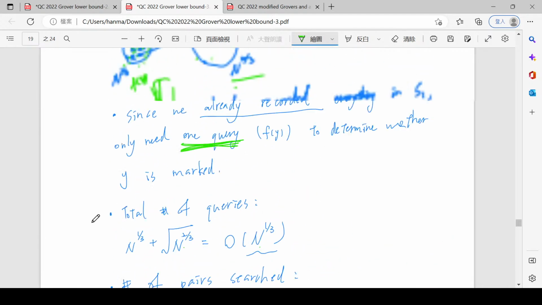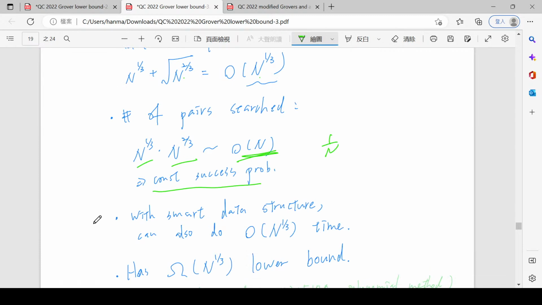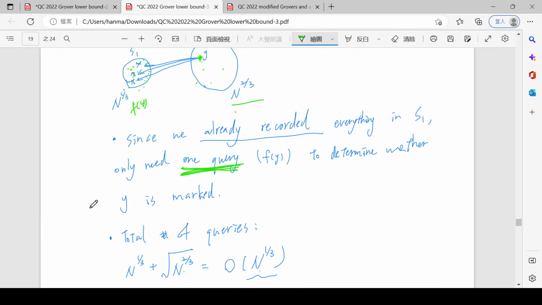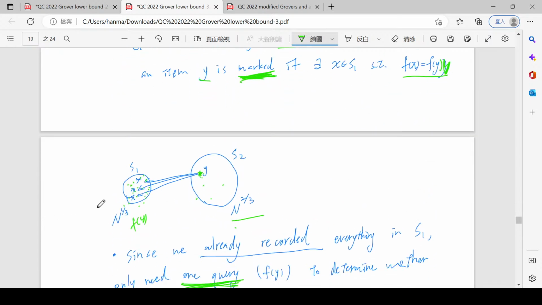And actually, you can also do this in order n to the 1/3 time complexity. That is, you just need to do this part smarter, right? You can do this the dumb way: you write down everything, and every time there is a y inside, you just compare through your huge list of n to the 1/3 items. But there are data structures that let you do this much faster.